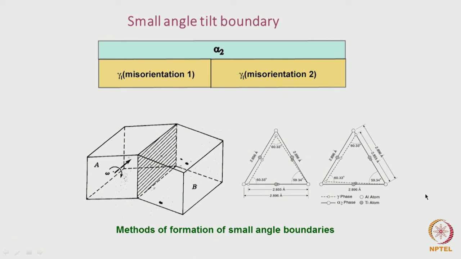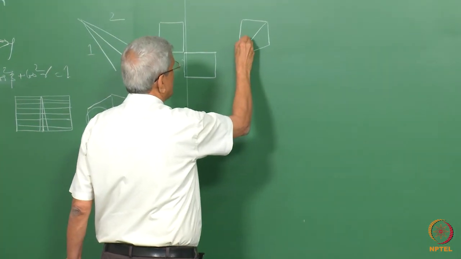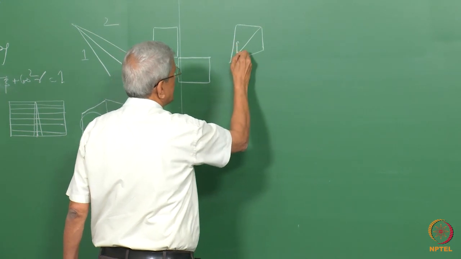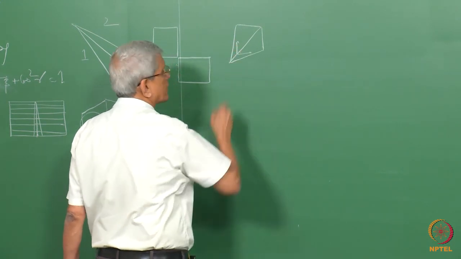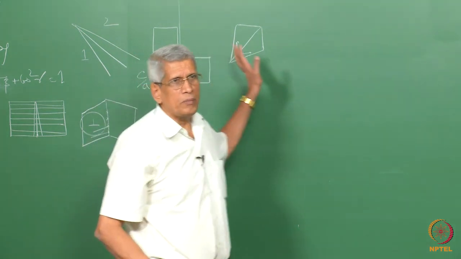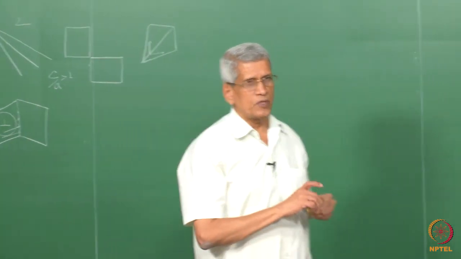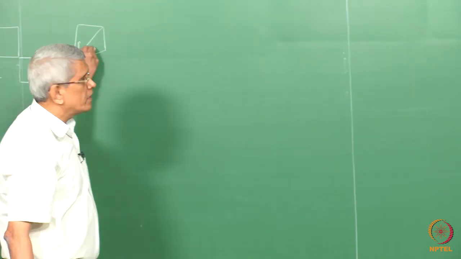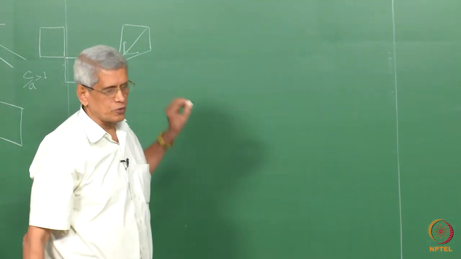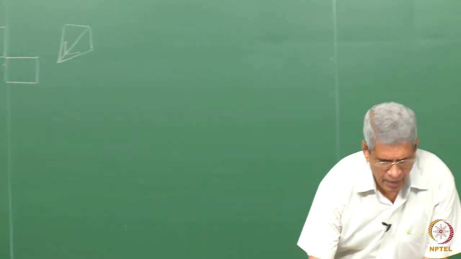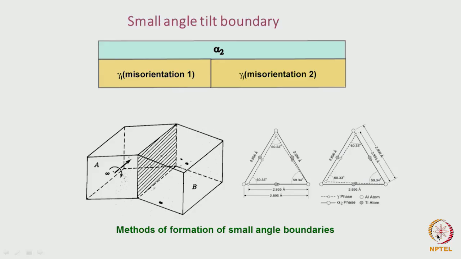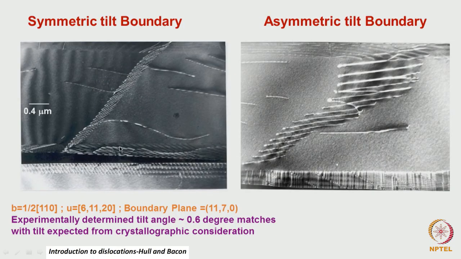When that continuity is being maintained across the interface, essentially the C-axis will be slightly tilted, not exactly 90 degrees, by some angle. That angle will be nothing but the misorientation. That means from here to here, a slight misorientation has been introduced. This gives rise to a symmetric tilt boundary.